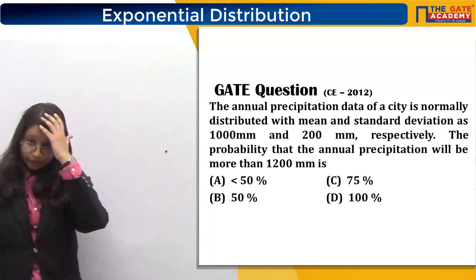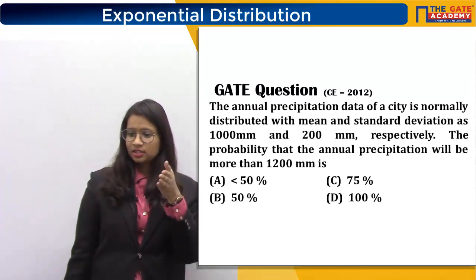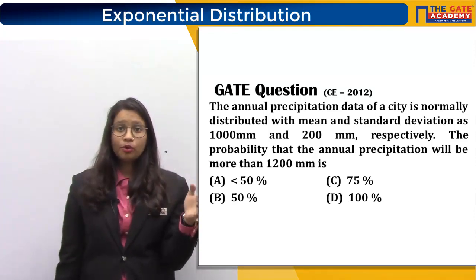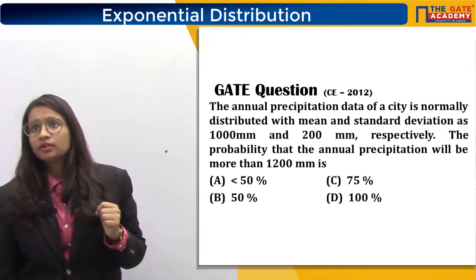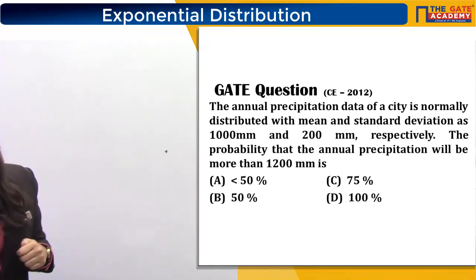Annual precipitation data of a city is normally distributed and the mean and standard deviation have been given. The probability that the precipitation will be more than 1200. So what is required?